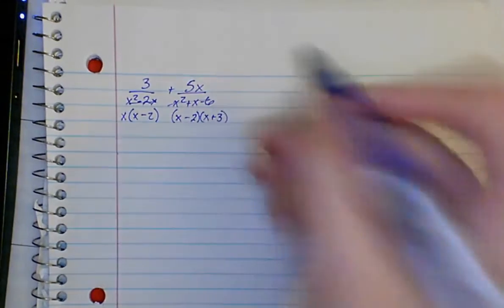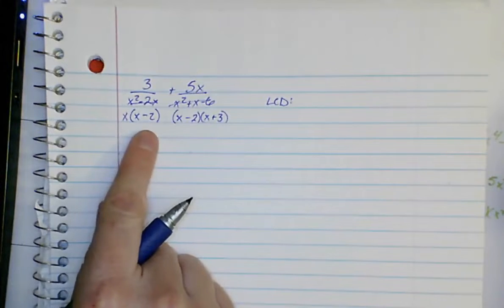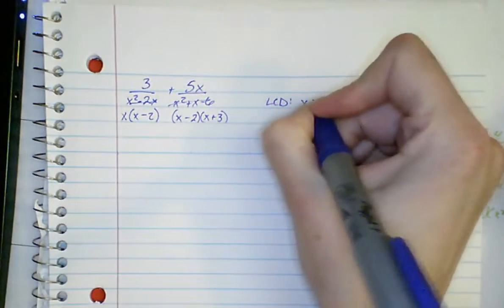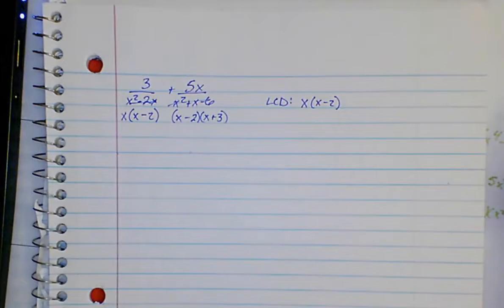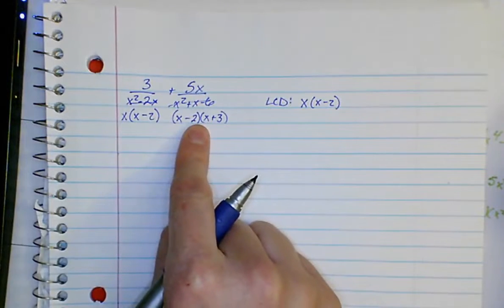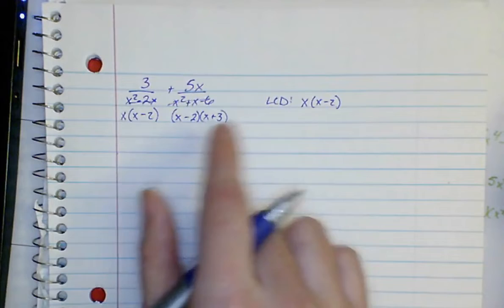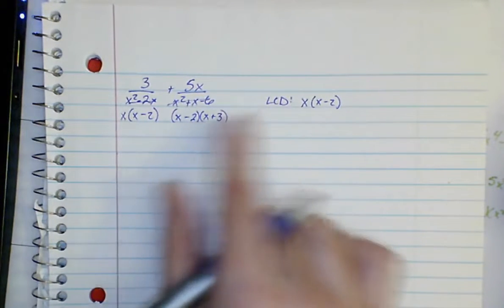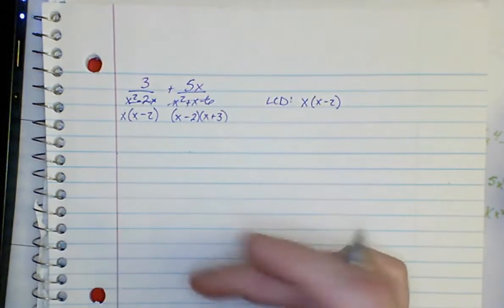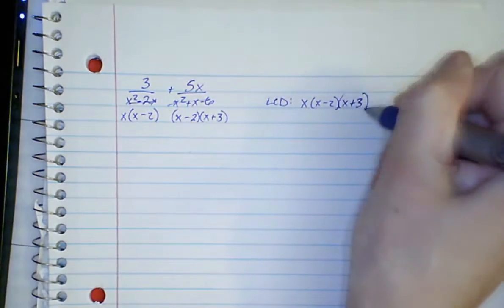So to find the least common denominator, you're going to write every factor you have in the first denominator. So we have x and x minus 2 as factors. Then we look at the second denominator and pick anything that is different. So x minus 2 and x minus 2, we already have an x minus 2, so there's no need to repeat that one. But we don't have an x plus 3.